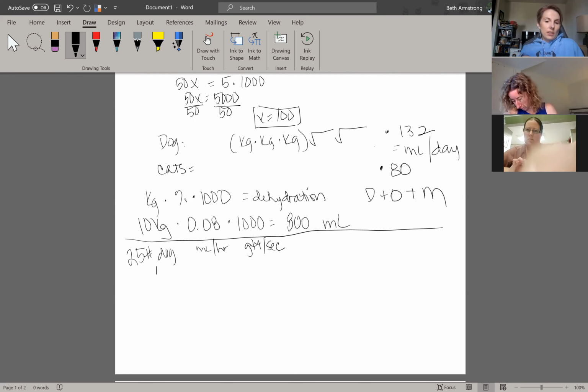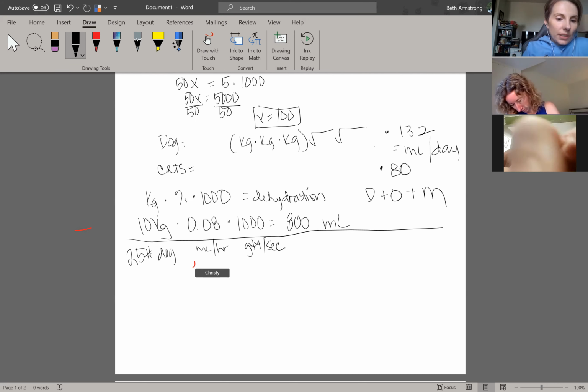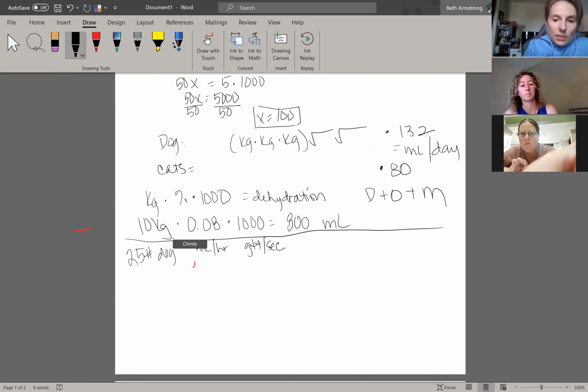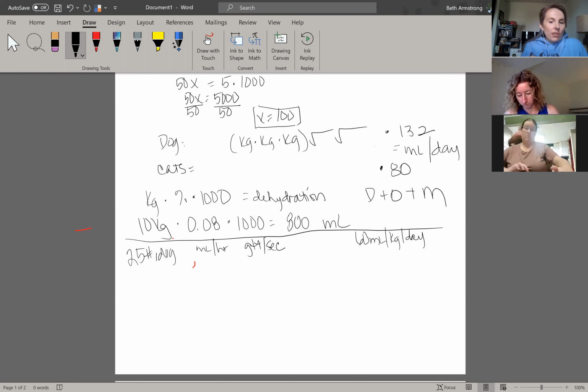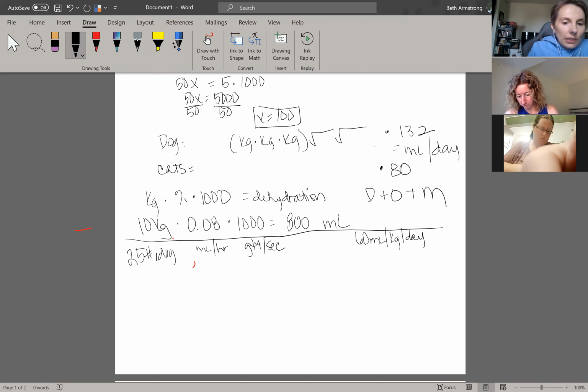Let's start there. We said that earlier: it was 60 mils per kg per day, right? So how do we figure this out?